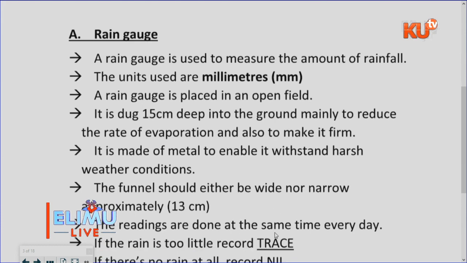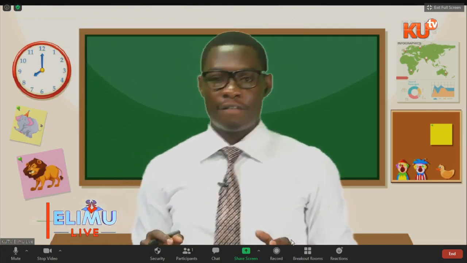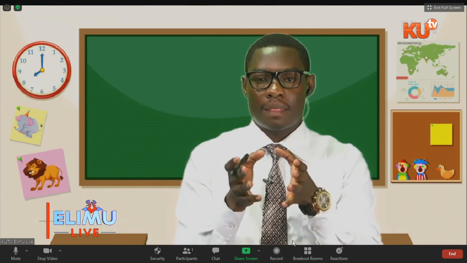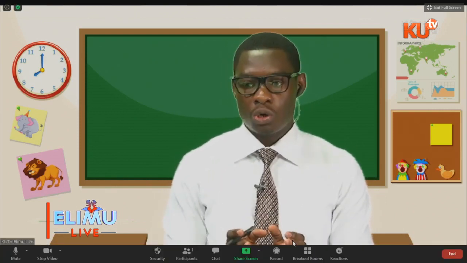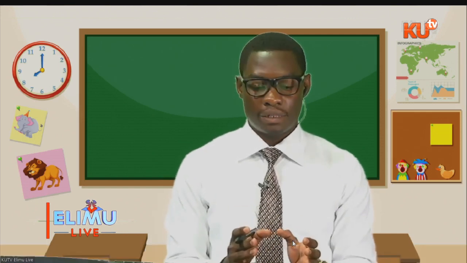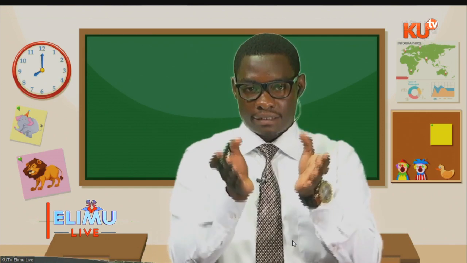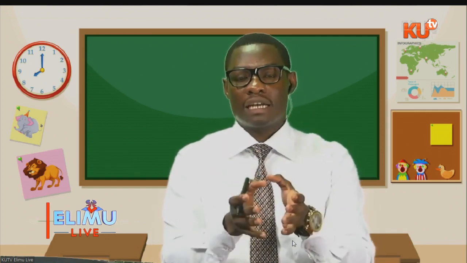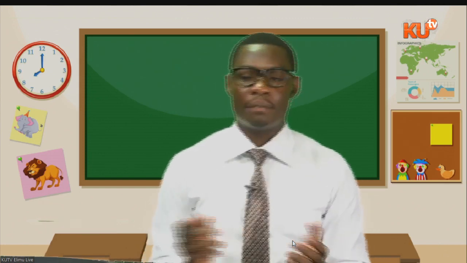Then it also has a funnel. The funnel is used to direct the rainwater into the cylinder that is collecting the water. The funnel directs the water collected from the rain into the collecting cylinder, or the measuring cylinder.